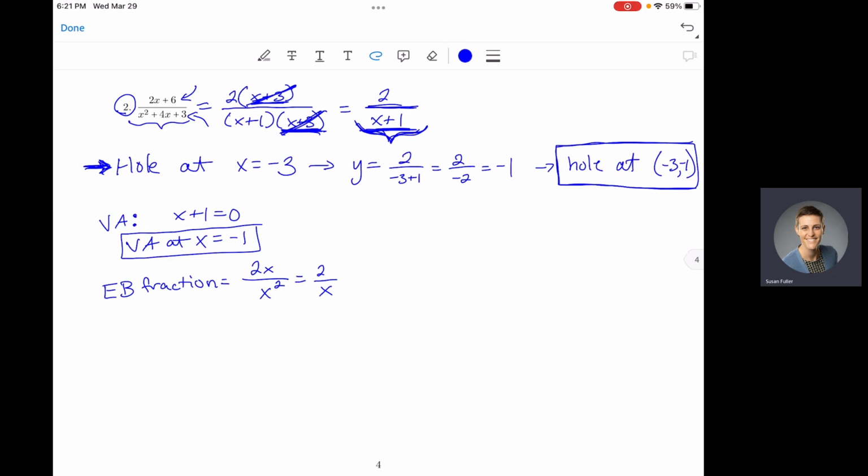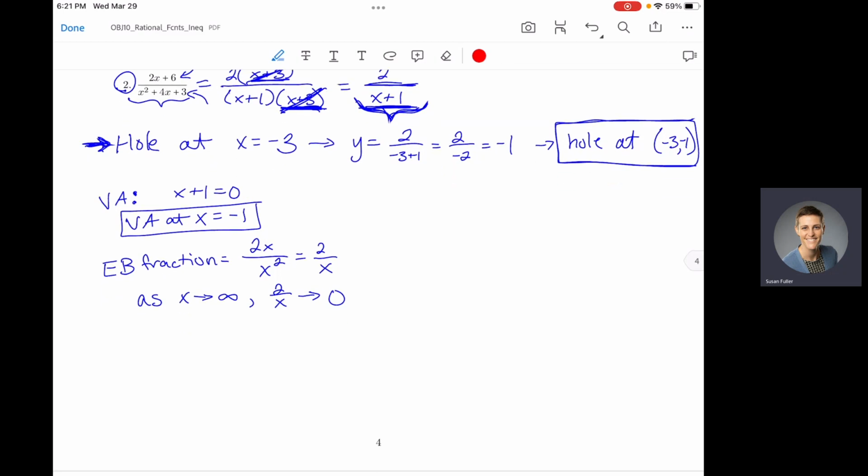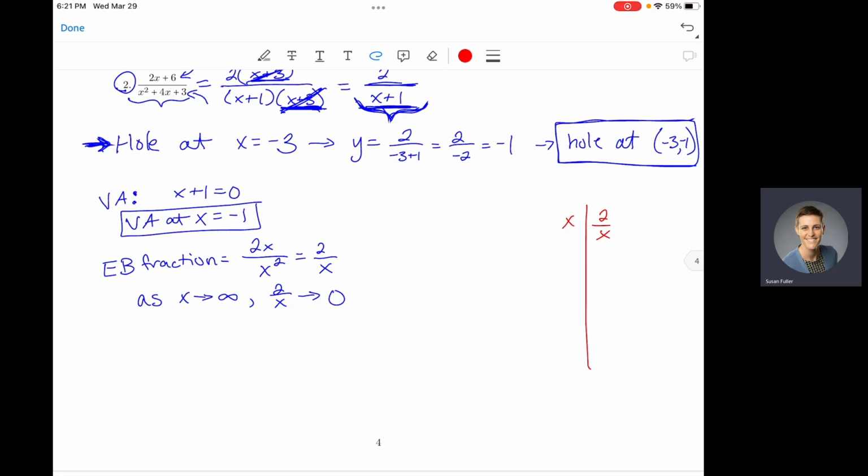To find my horizontal asymptote, I need to figure out what happens to 2 over x as x goes to infinity. So as x goes to infinity, 2 over x actually goes to 0. We talked about this in class, but just to help you in case it didn't make sense, we're going to think about what happens to 2 over x as our x values get bigger. So we'll start at 1. If x equals 1, then 2 over 1 is 2.